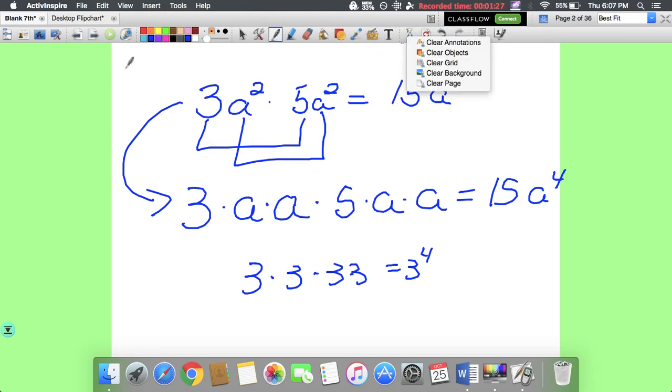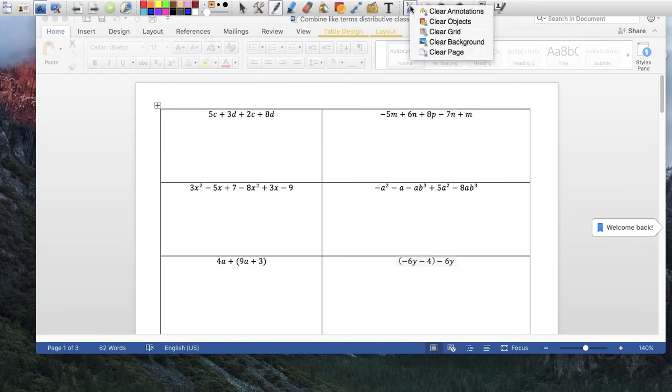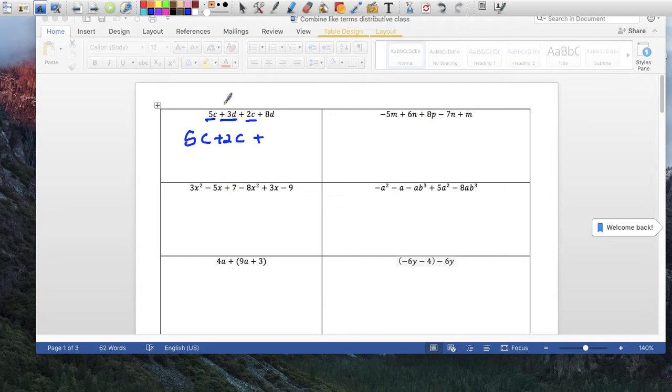Everything else was, sorry, combine like terms. So we're going to combine like terms, and I'm just going to underline. I will move things around. So you get 5c plus 2c plus, and again, I'm moving the term with the sign preceding it, so that plus sign comes with 3d, 3d plus 8d.